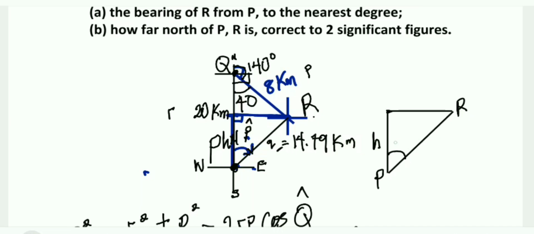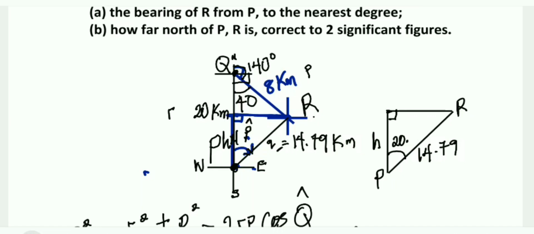I got the angle as 20 point something. This distance here is 14.79, and this is at 90 degrees. I'm looking for the value of H, the distance northward of P to where R is. So I have a right angle triangle, and my focus will be on using SOHCAHTOA to find the value of H.